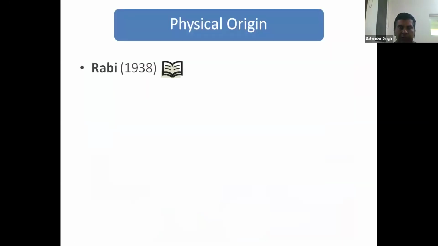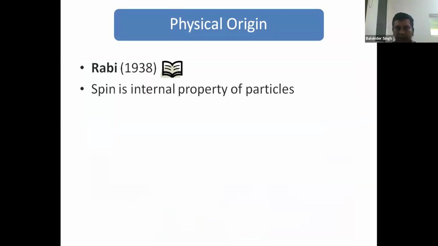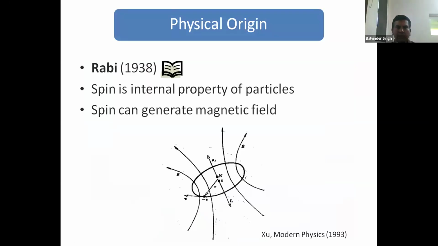Rabi first told about this interesting phenomenon, that spin can be seen, and it generates a magnetic field.